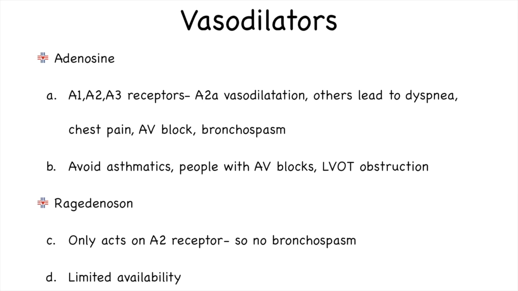It is known to have side effects of dyspnea, chest pain, and AV block with some bronchospasm due to its involvement of the A2B receptor. It is imperative to select the right kind of patients before giving adenosine. We avoid patients who are asthmatics, or who have AV blocks or LVOT obstruction.